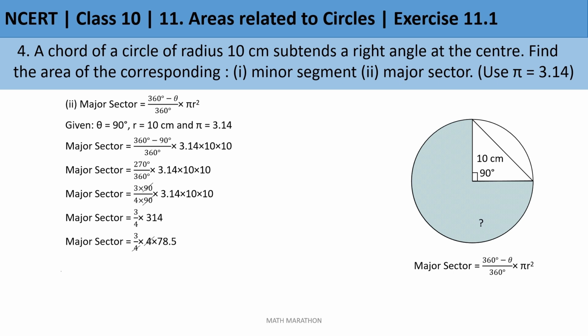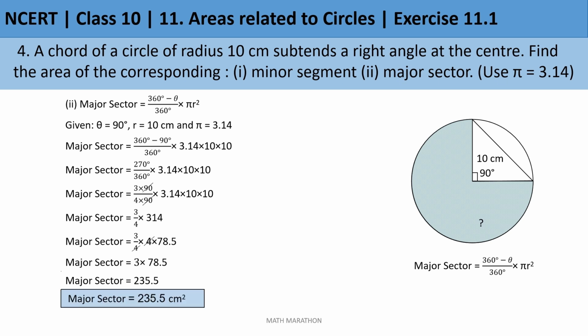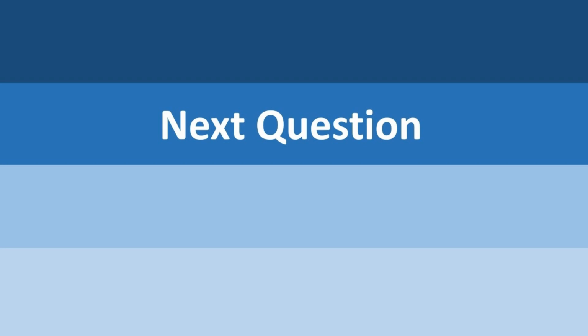In denominator, we have 4. We can cancel out 4. Major sector is equal to 3 multiplied by 78.5. Major sector is equal to 235.5. Major sector is equal to 235.5 centimeter square.